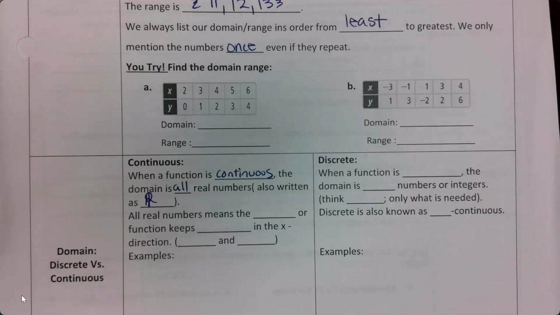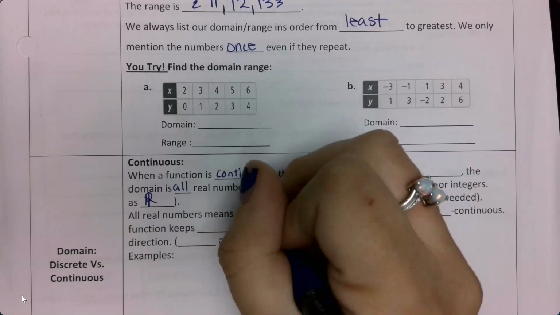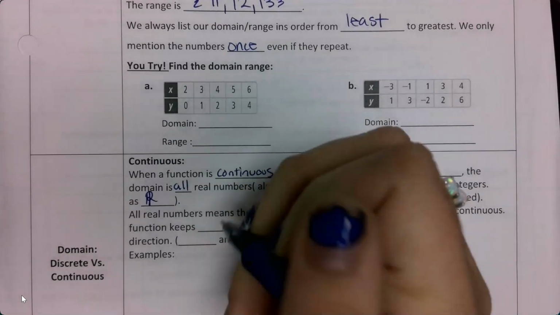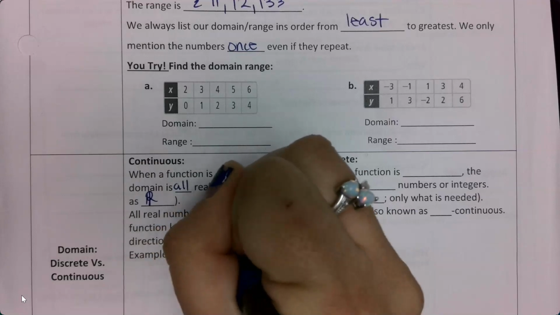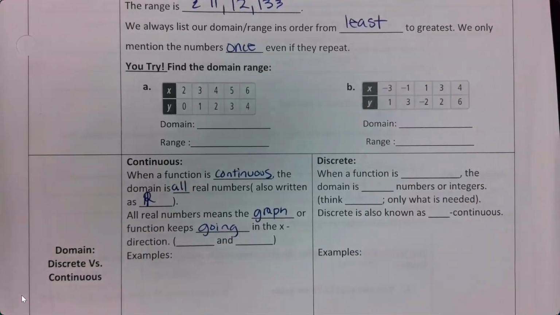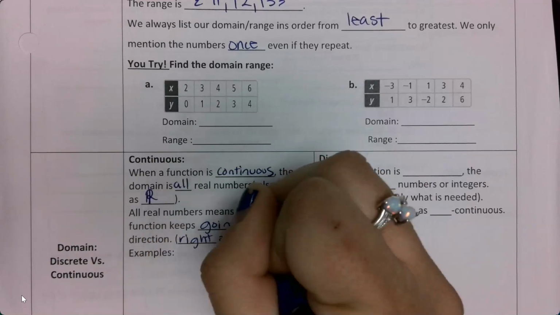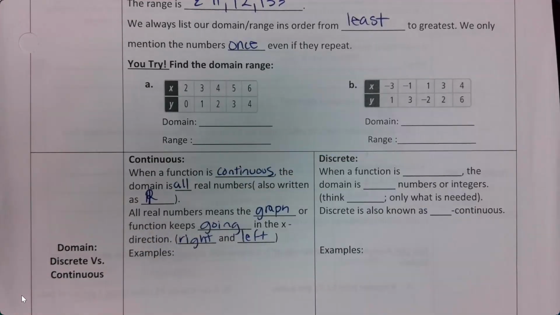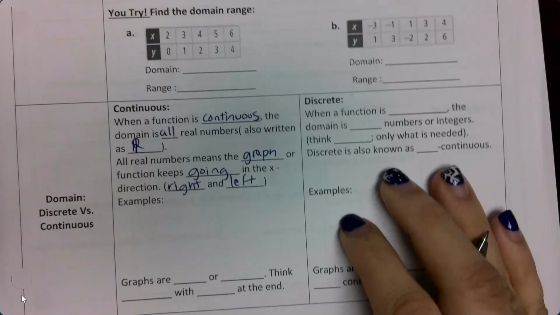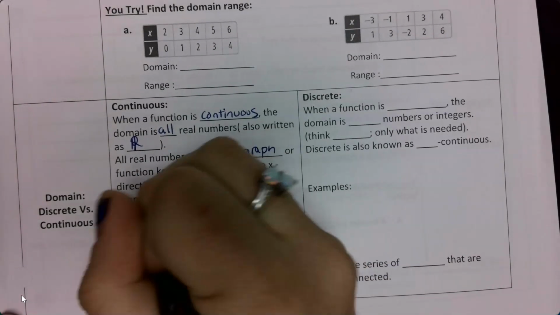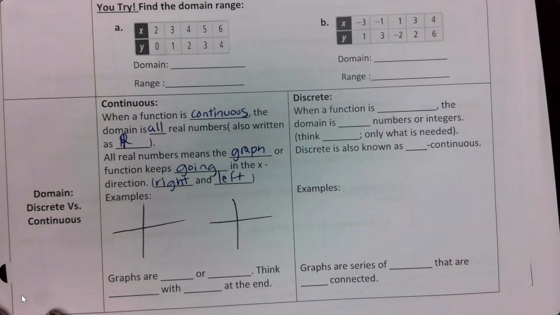So, all real numbers means that the graph or function keeps going in the x direction. So it's going to go right and left forever. So I'm going to draw us two examples.